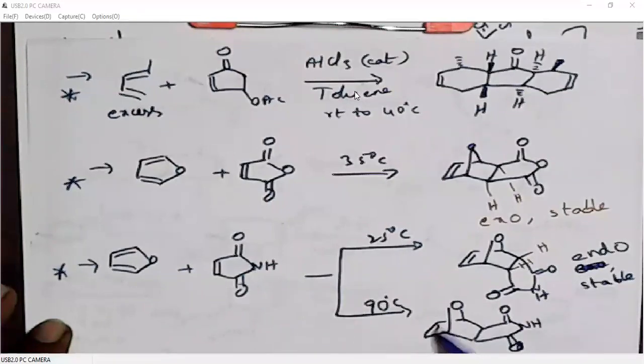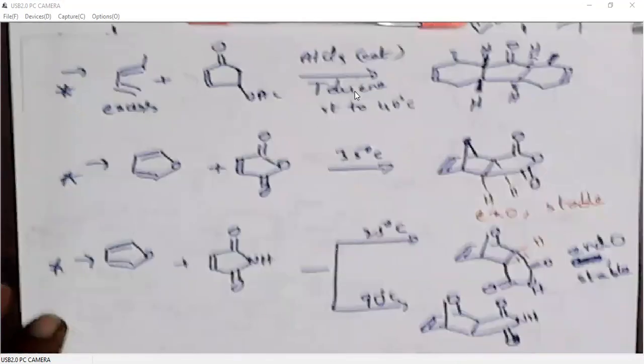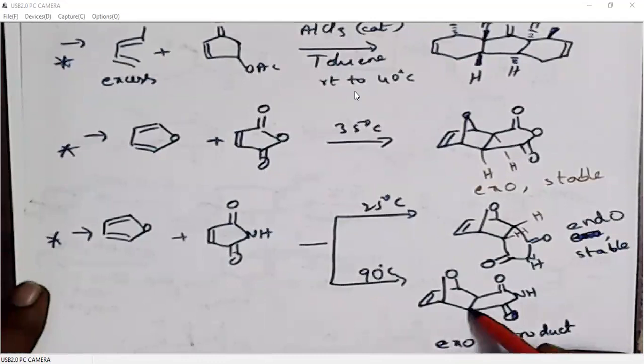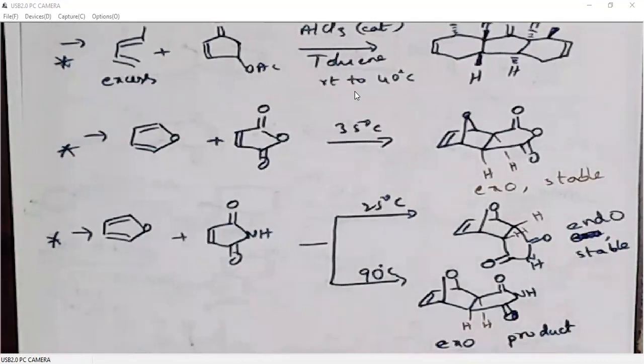So here we will directly get the exo product. Okay, hydrogens will be below the plane. So that means we are discussing the endo product. Why?